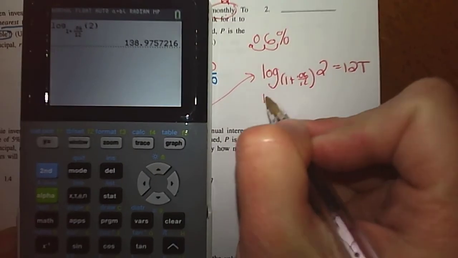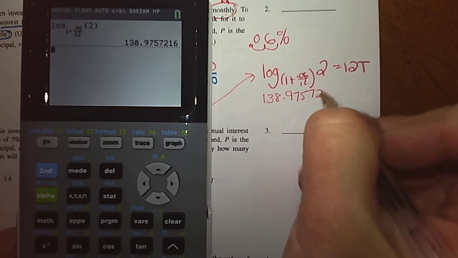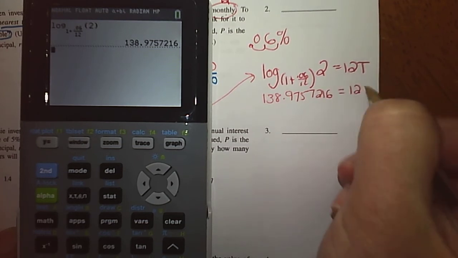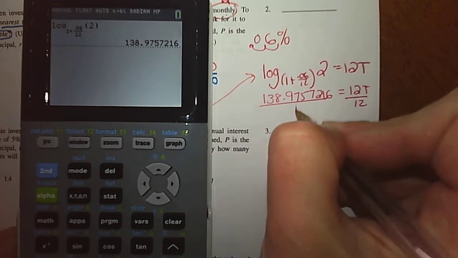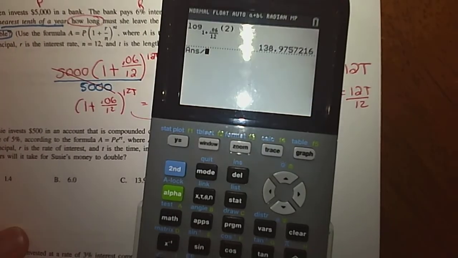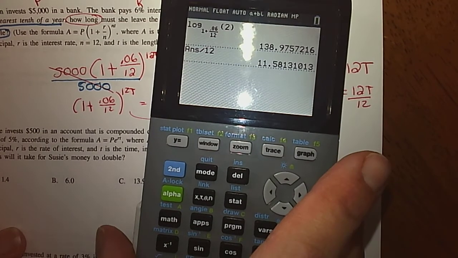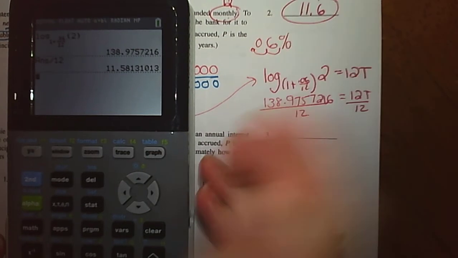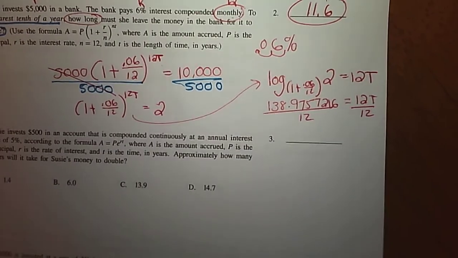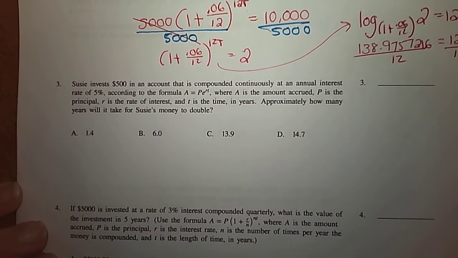That's what this would be equal to. 138.9757216 equals 12t. But what would I have to do now? I have to divide by 12. So I'm going to divide this by 12. They want it to the nearest tenth, so that answer is going to be 11.6 for the second one. So you can see we're still using the same skills as we have in the last couple things.